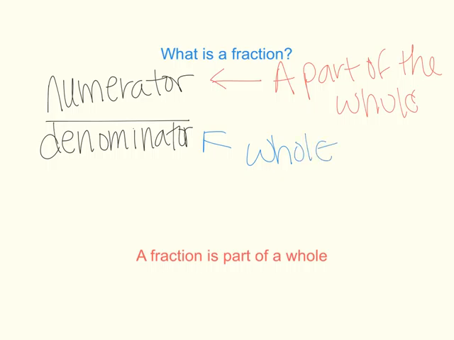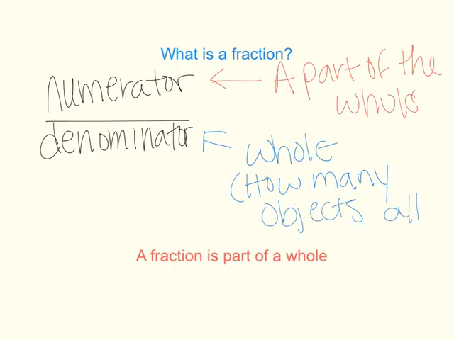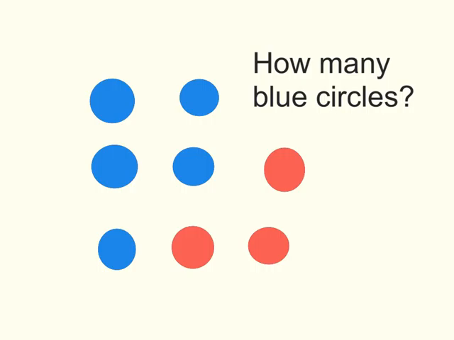So how many objects altogether? We'll start with the first example: how many blue circles are there?